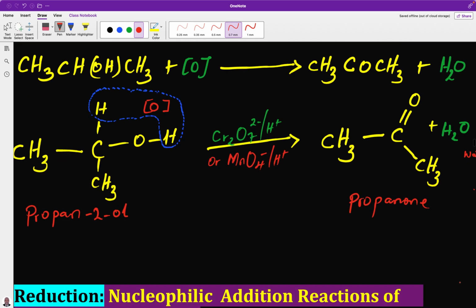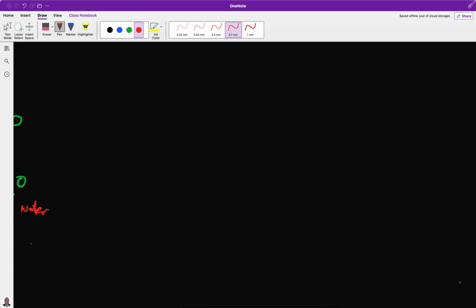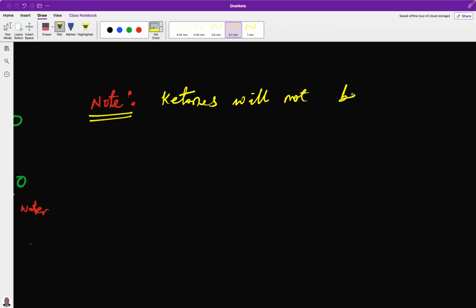Now, there is one thing you should note: ketones will not be further oxidized under this condition, except phenylethanone.